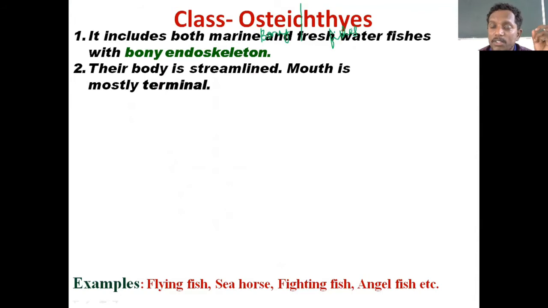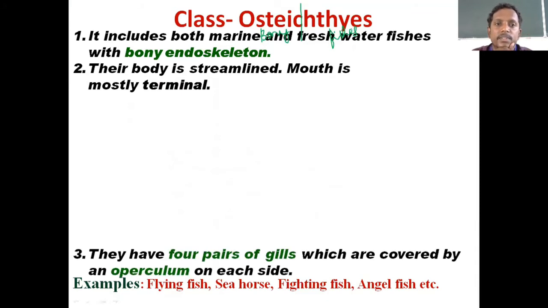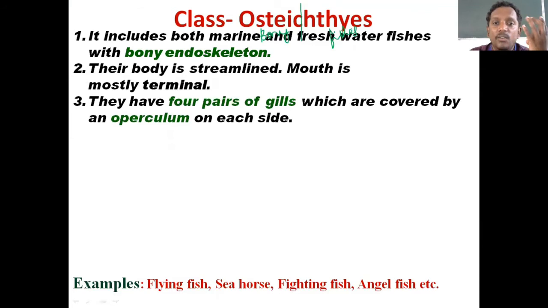There the body was streamlined and the mouth was ventral, but here mouth is terminal. I'll show you the photo in another 10 minutes. They have 4 pairs of gills. Earlier, paired gill slits were present, separate gill slits. Now they have 4 pairs of gills, which are covered by a shield called operculum.